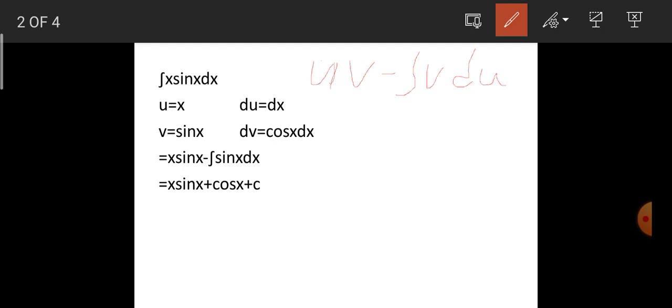Since our u is x and our v is sine x, minus the integral of v, which is sine x, and du, which is dx.